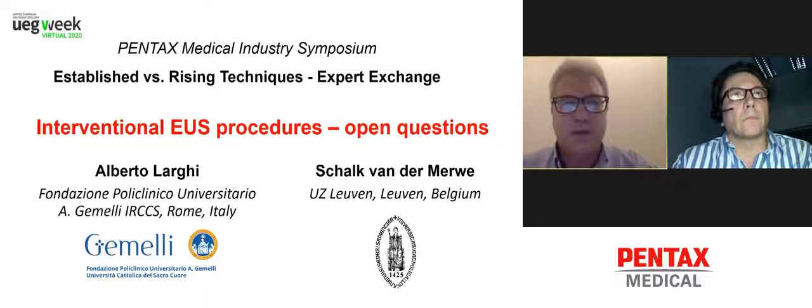I'm not from Pentax before, so I worked for 15 years in Olympus, and I love the maneuverability, but I was always concerned about the ultrasound image of the Pentax scope.